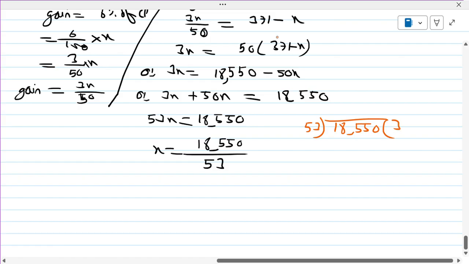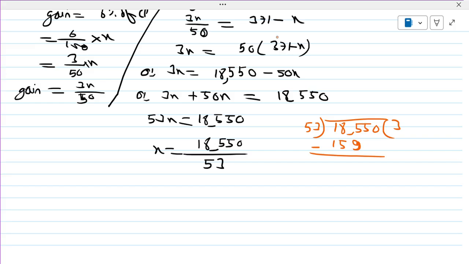So 3 3s are 9, and 3 5s are 15. Now let's subtract. From 5, 9 can't be subtracted, so we take 1 over, it becomes 15, 15 minus 9 is 6, and 8 remains 7, 7 minus 5 is 2. Now bring this 5 down, next one.